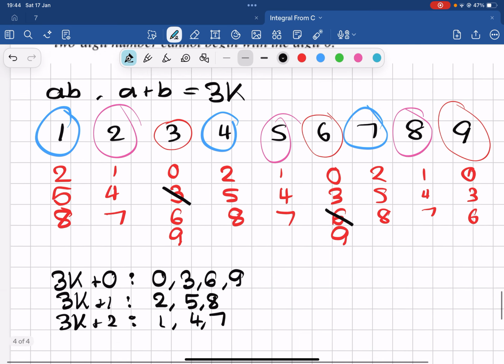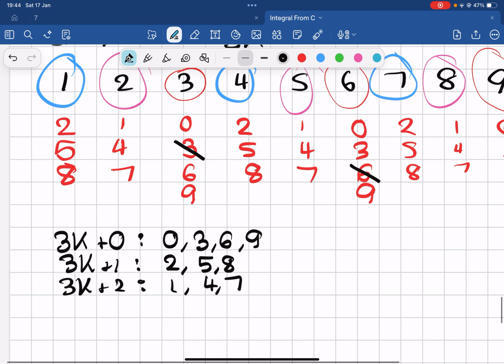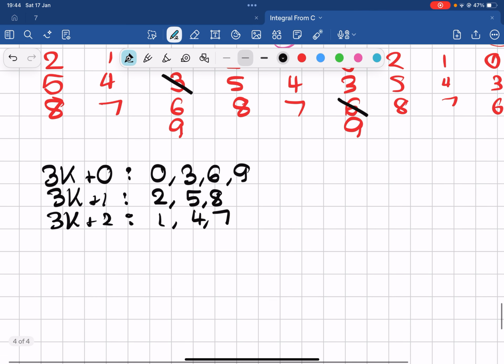This sort of makes it easier to find how many ways we can get a list of 5 two-digit numbers. So let's look at our first class, 3k plus 0. We've got the numbers 0, 3, 6, and 9. Notice that the numbers 3, 6, 9, and 0 can't be paired with a number from another class to get a two-digit multiple of 3.